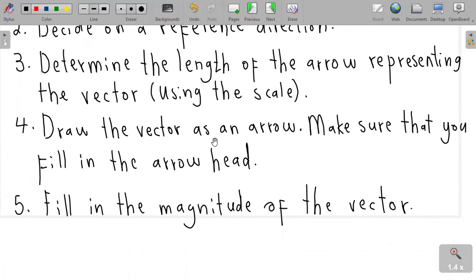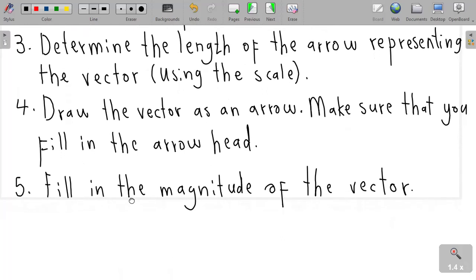Draw the vector, because now we have the length, as an arrow. Make sure that you fill in the arrowhead so that we can see the direction of that vector. Fill in the magnitude of the vector. Okay, this is it.